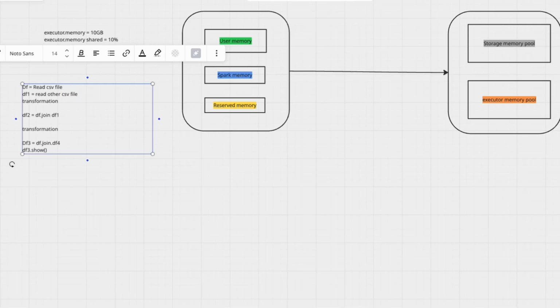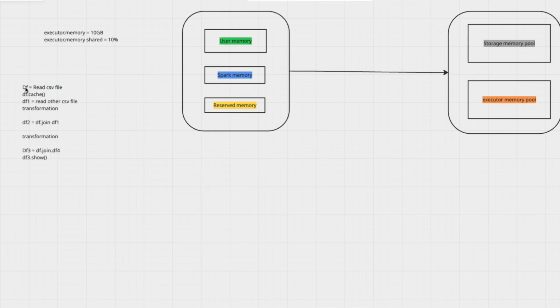If I do something like df dot cache, that means the partitions of this data frame, because the data lies inside the partitions, will be stored in the storage memory pool.